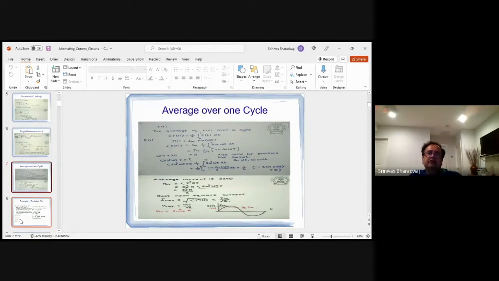So what is the power? V times I, and you're looking at the average power. The average power is the power over a cycle. So you end up with I square R, where I is the RMS current. RMS current is Im by root 2.